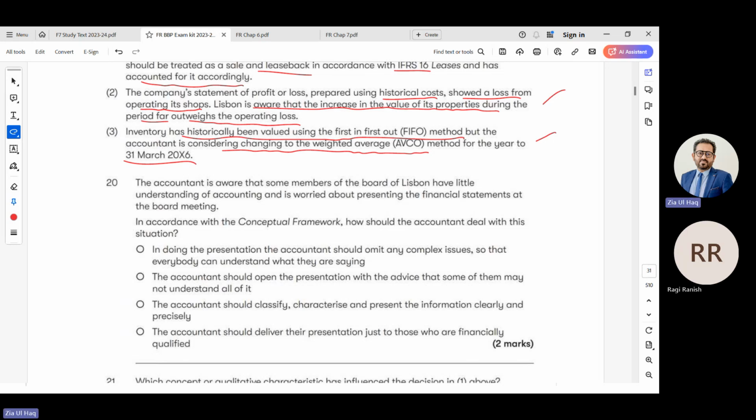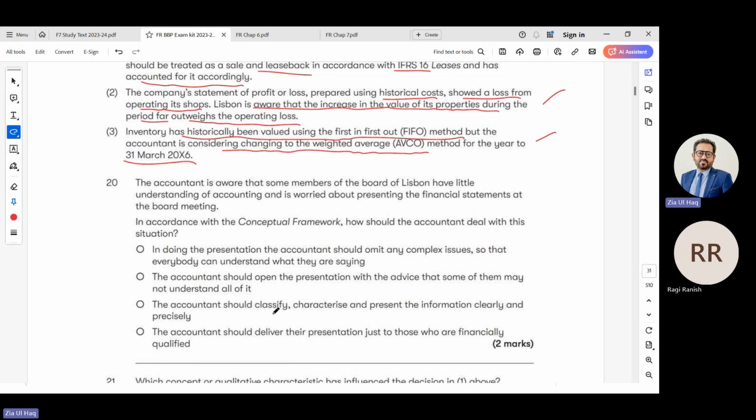Part A. In doing the presentation, the accountant should omit any complex issues, so that everybody can understand what they are saying. If they are omitting complex issues, that will not be complete. The accountant should open the presentation with the advice that some of them may not understand all of it.